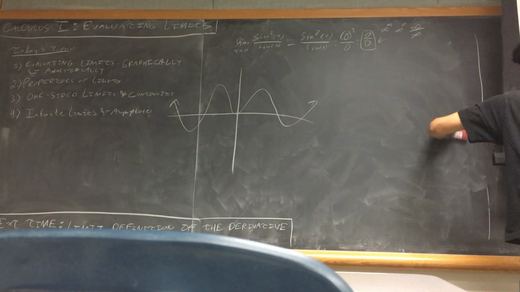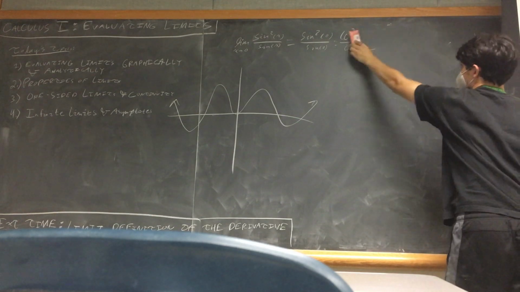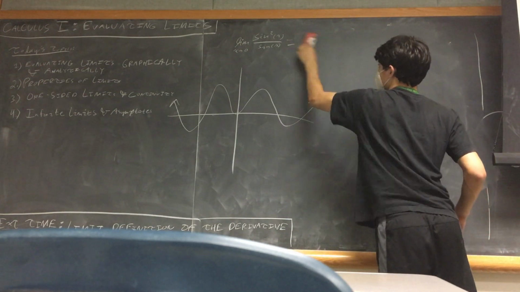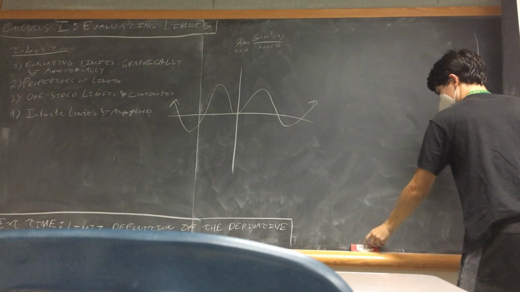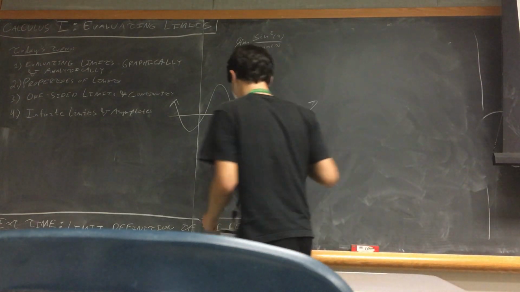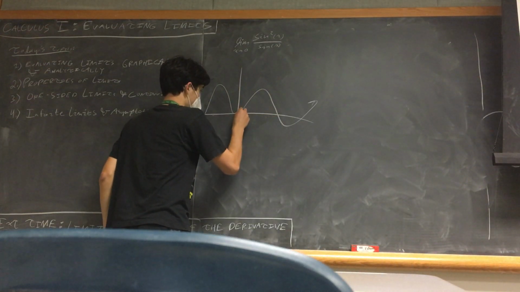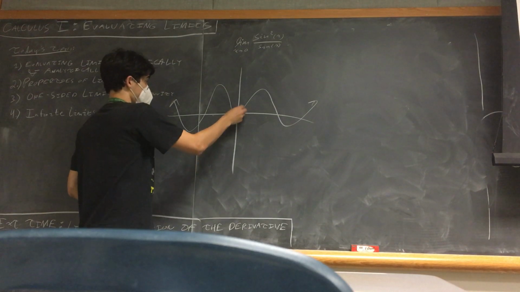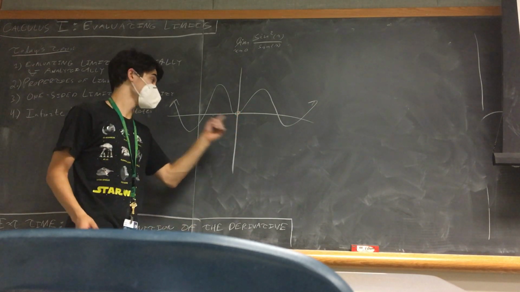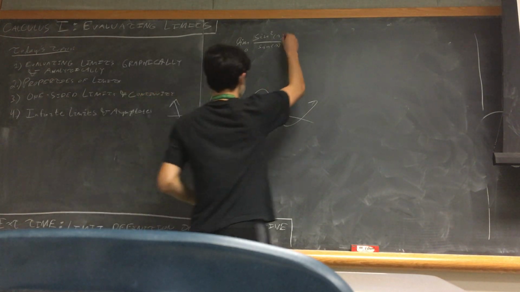So let's think about this. Is there a way that we could simplify this function now? Because if you look at this graph close up, there is a discontinuity here. It is undefined at this point.